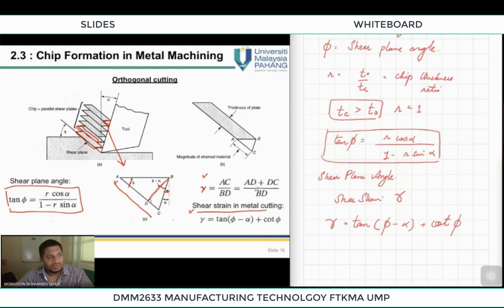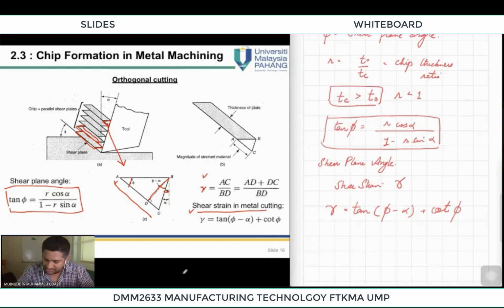Now AD over BD is basically cot phi, and DC over BD is tan phi minus alpha. So you guys don't need to go into this detail. Just go for the formula which I've written on the whiteboard. No need to go into this derivation and stuff.